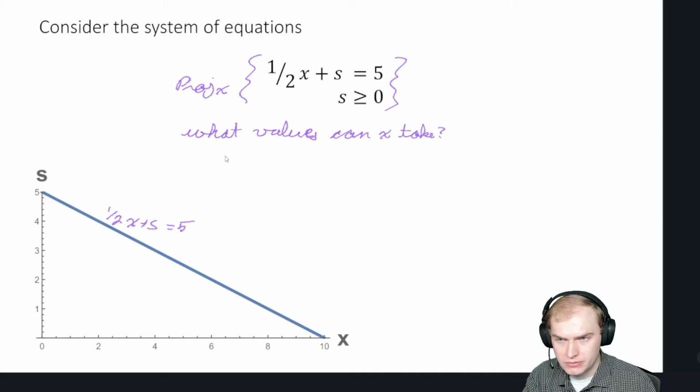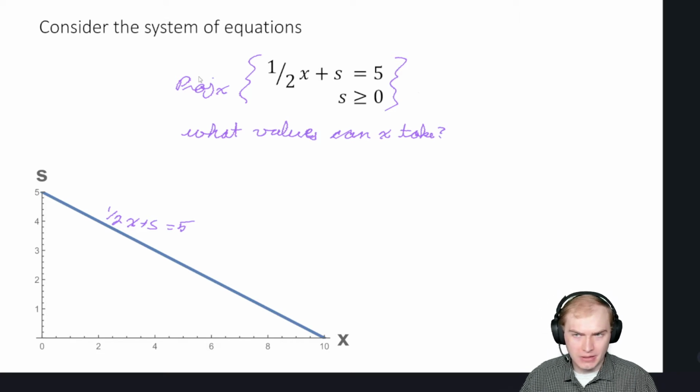We don't care about s in this projection idea. We only care about s in that it puts some restrictions on x.